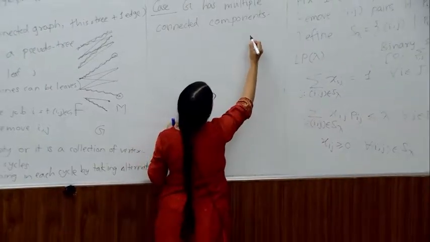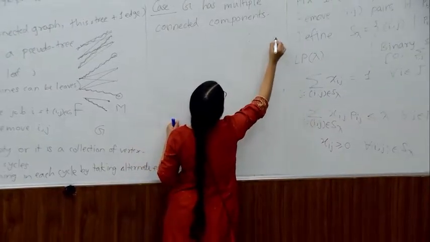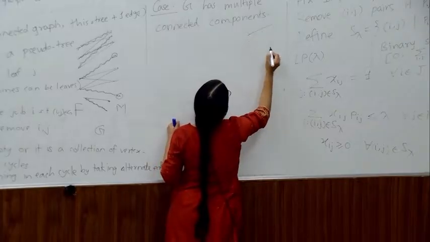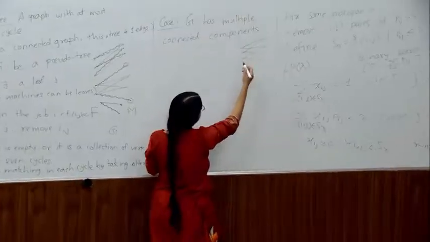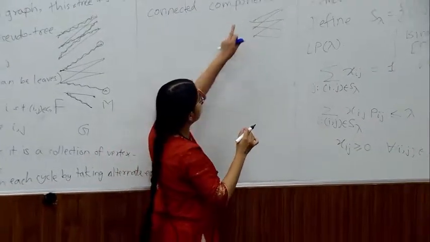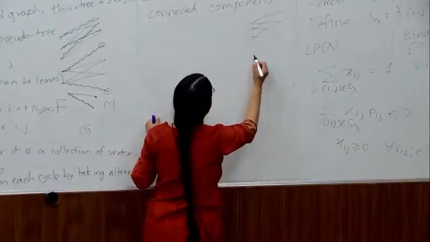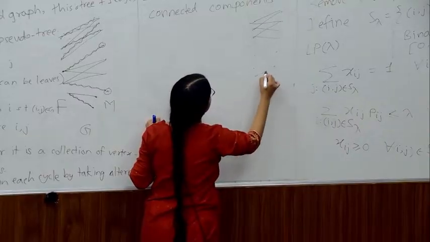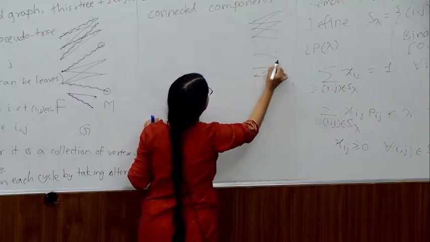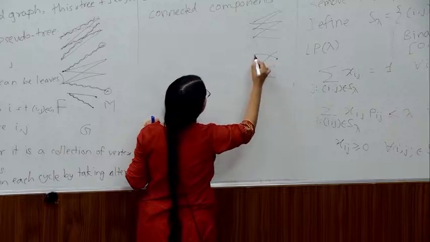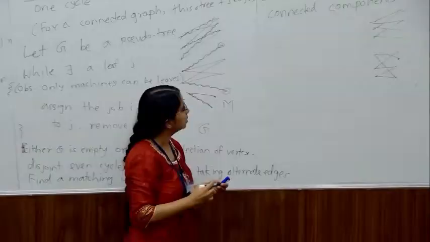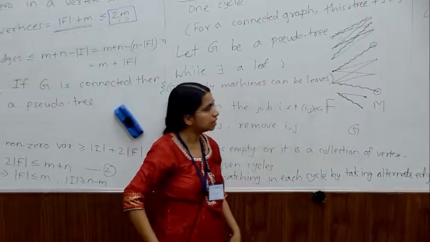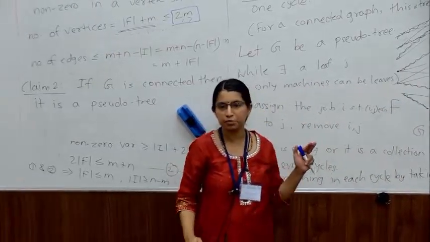So it will look like this: there are some vertices and edges here. I am not counting the number of vertices versus the number of edges, but assume that it is one component. So suppose G has multiple components. We want to say that each component must be a pseudo tree.